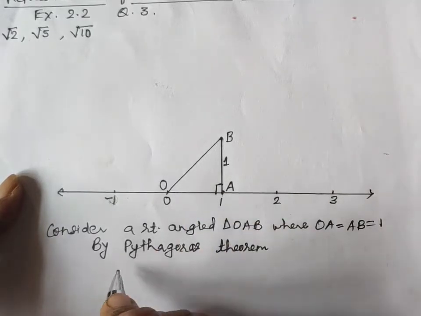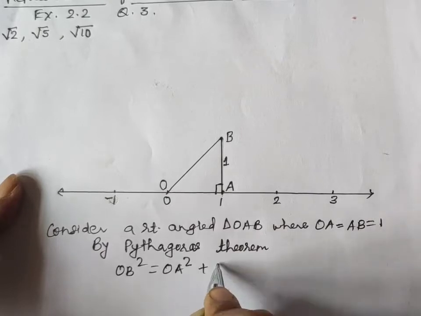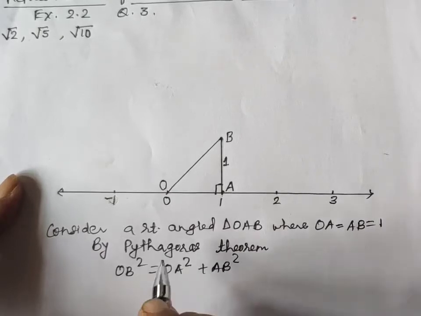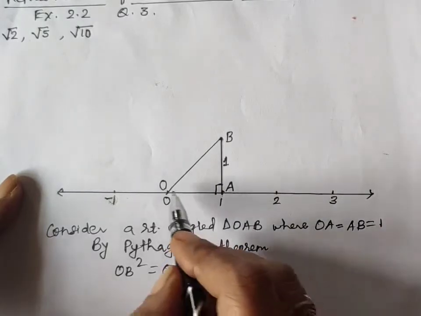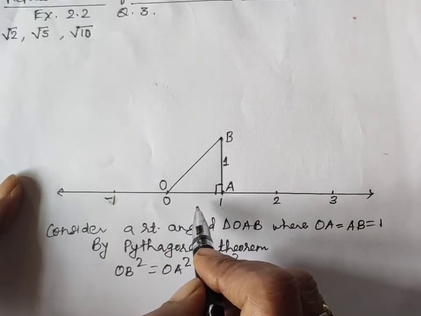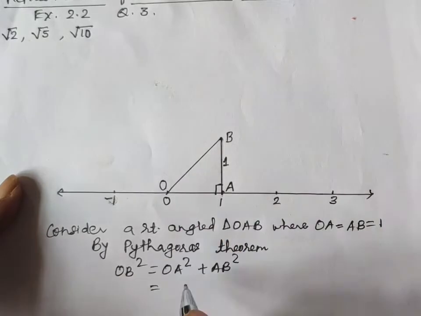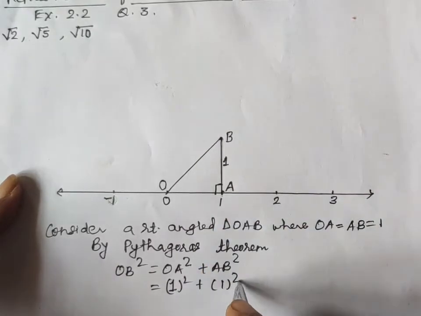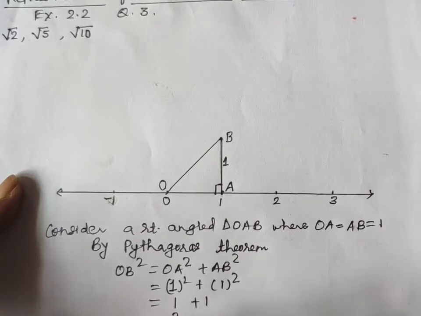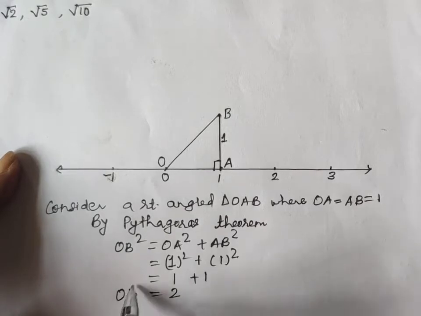So according to the Pythagoras theorem, OB square is equal to OA square plus AB square. OA is 1 unit, so 1 square, AB is also 1 square. So 1 plus 1 is equal to 2. So children, what you got: OB square is 2.